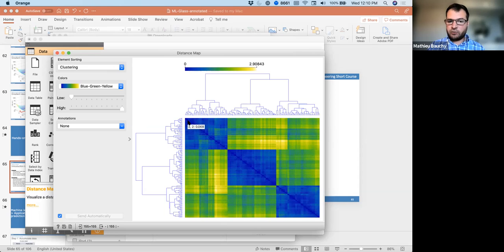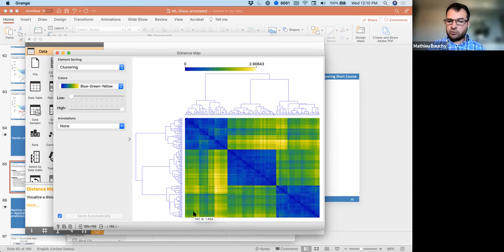So for example, if you take all this diagonal line here, those distances would always be 0, because that would be the distance between 1 point and the same point. It's just 2 times the same point. And every time you look at a pixel that is not on the y equals x line, it's going to be the distance between data point number 1 and another data point. It's going to give you the distance.